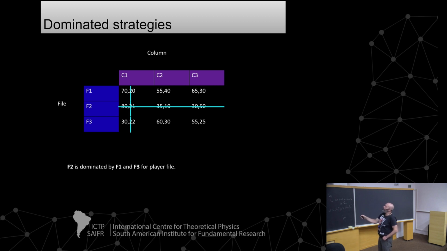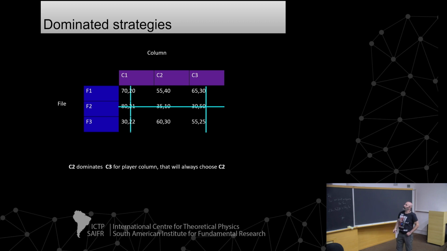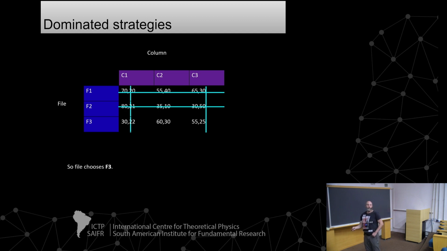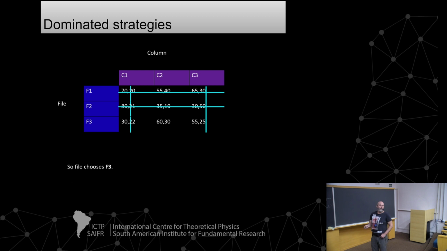Before knowing that, I was not able to say that. I was not able to eliminate the strategy F2. But once I know that C will not choose C1, then I can say that F will not choose F2. Okay. And now I can say that the player C will never choose the strategy C3. So now I can say that the player F will never choose the strategy F1. So there is only one possibility.